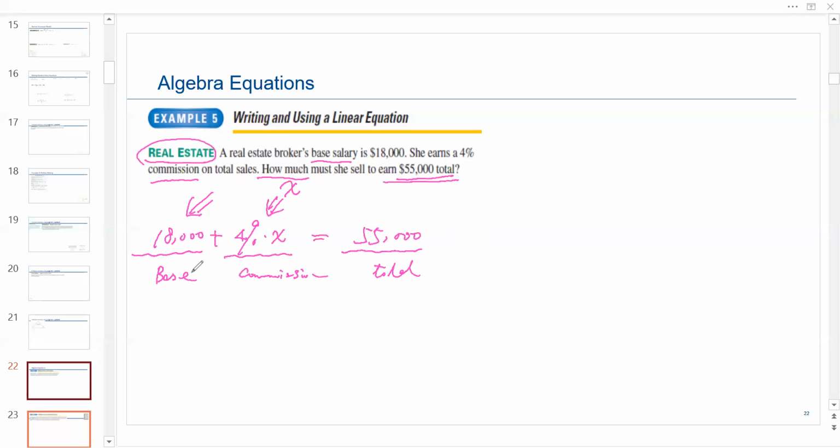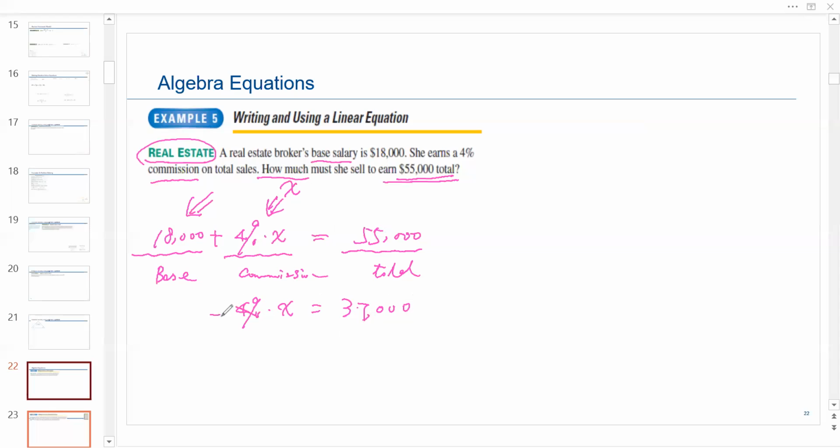Okay, we define X as how much she sells in total. So 4% of X equals what? 55,000 minus 18,000, which is 37,000. So her commission needs to be 37,000.